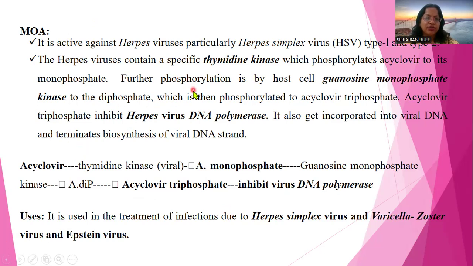Further phosphorylation is by host cell guanosine monophosphate kinase to the diphosphate, which is then phosphorylated to acyclovir triphosphate. Acyclovir triphosphate inhibits herpes virus DNA polymerase, and it is also incorporated into viral DNA and terminates biosynthesis of the DNA strand. So shortly you can write: acyclovir, thymidine kinase, monophosphate, converted with the help of guanosine monophosphate kinase, and acyclovir triphosphate, which inhibits the viral DNA polymerase. It is used in the treatment of infections due to herpes simplex virus, varicella zoster virus and Epstein-Barr virus.